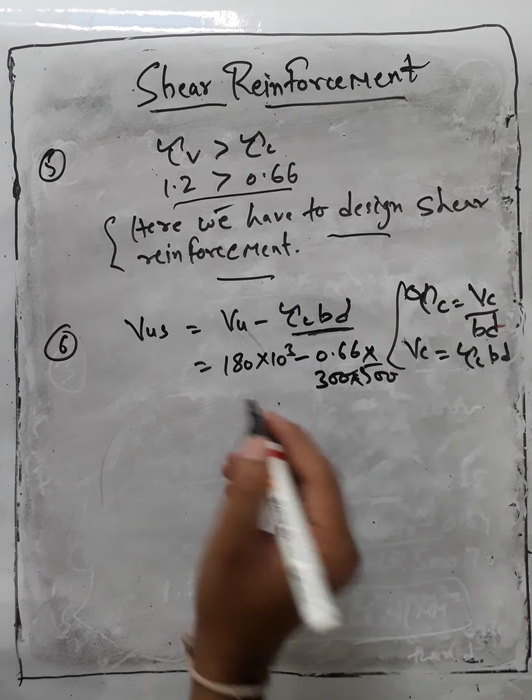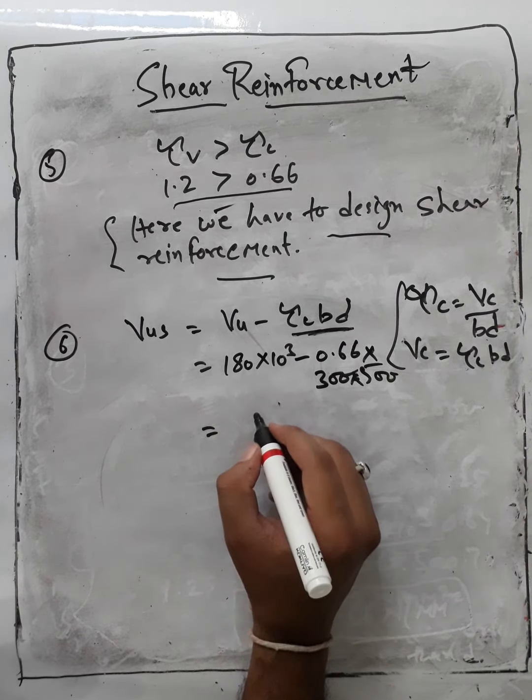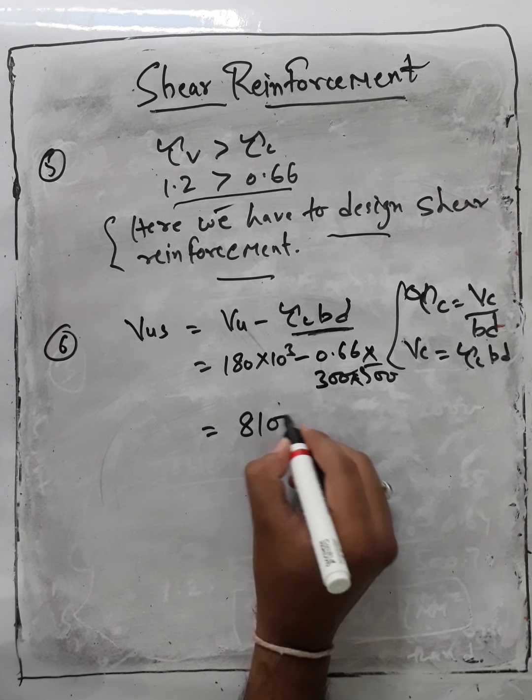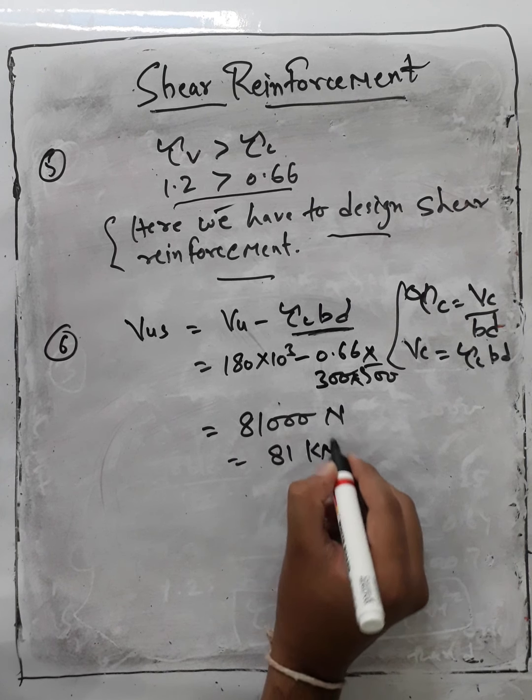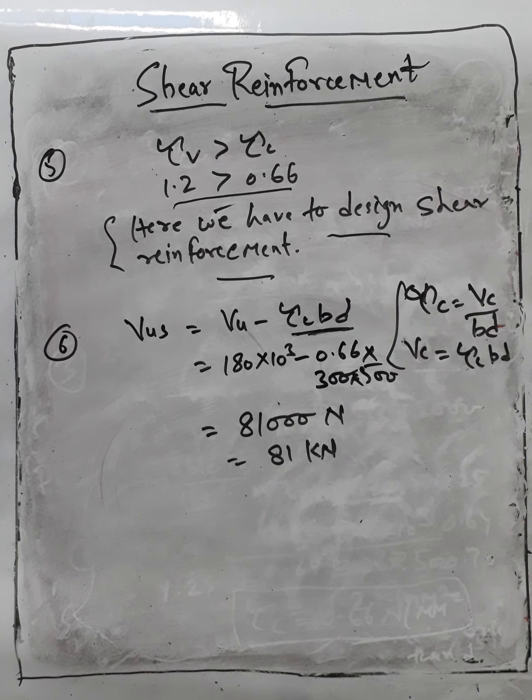After solving this, we got 81,000 Newton, or 81 kilonewton, as VUS.